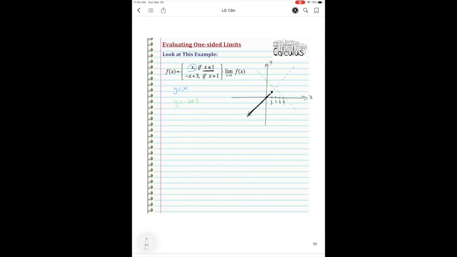And the other function, the green one, it exists when it is greater than, but not including. See, it's not including. So it's got a circle, and it's going this way.